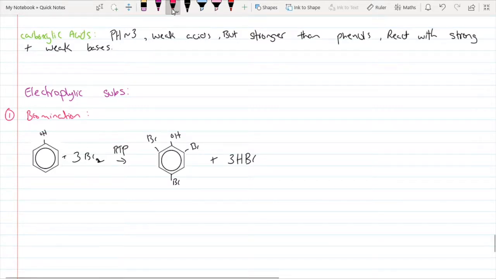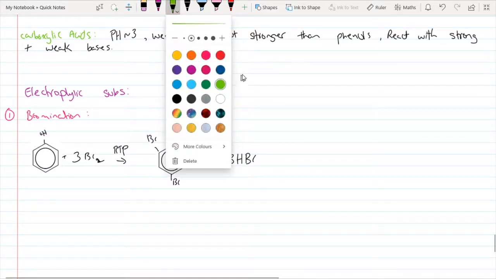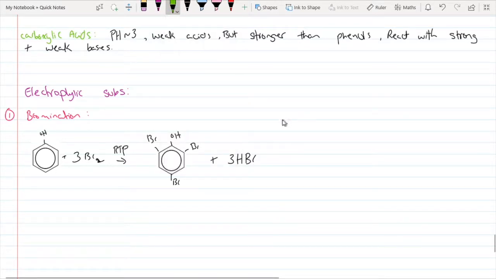Now, the observations you'll see in this reaction: a white precipitate forms, as this compound over here.